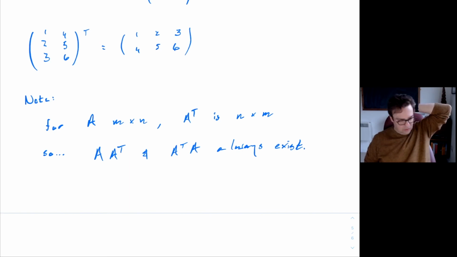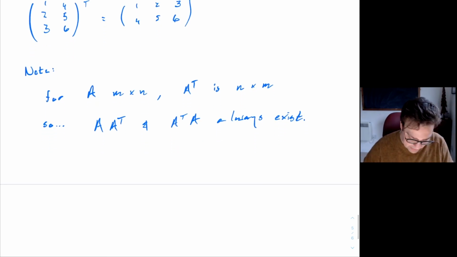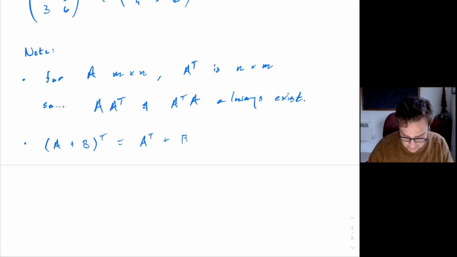The dimensionality is okay. And one last set of weird, cutesy properties about these is this note: the transpose of a sum is equal to the sum of the transposes. And this one is really fun.